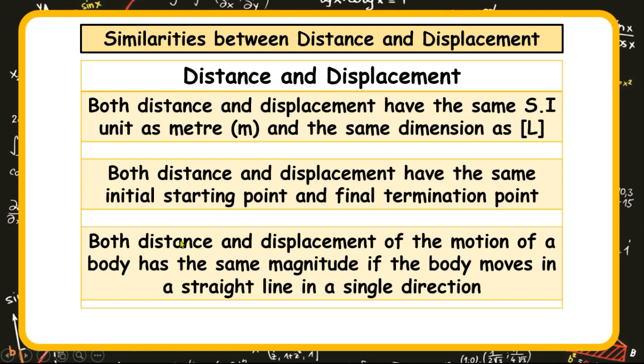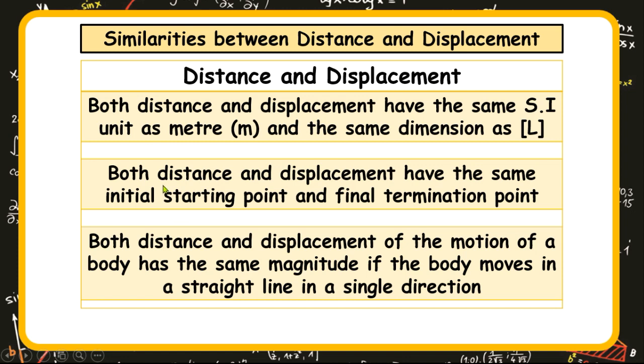So, 1, both distance and displacement have the same SI unit as meter. And in dimensional analysis, they also have the same dimension, capital L in a square bracket. If you took the earlier lesson on dimensional analysis, you will understand what this means.